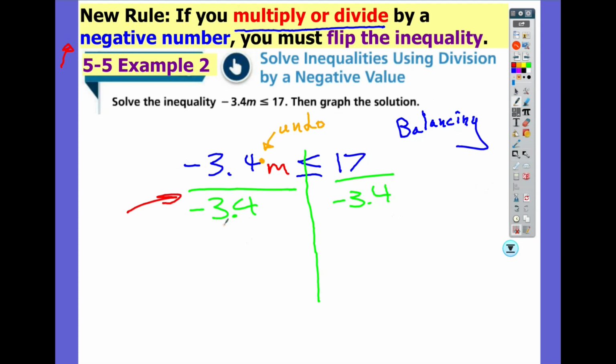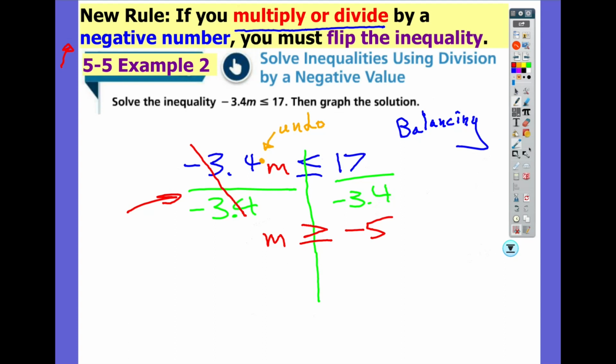Dividing by this negative 3.4, I have to flip the inequality. So this has to go that way. That's my new rule in play. So negative 3.4 divided by negative 3.4 undoes itself and I just get m left over. And then 17 divided by negative 3.4 gives me negative 5. And that's it. That's the new rule.